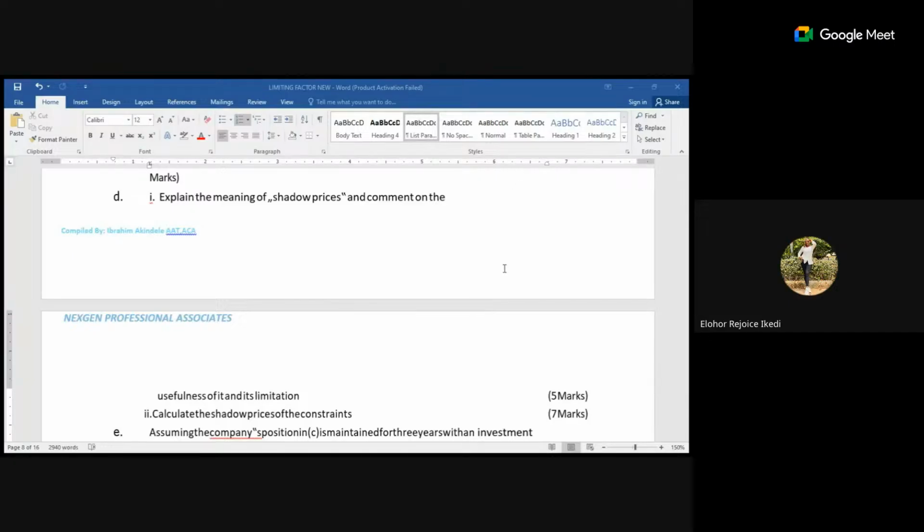One of the usefulness is that it increases the contribution of a company.